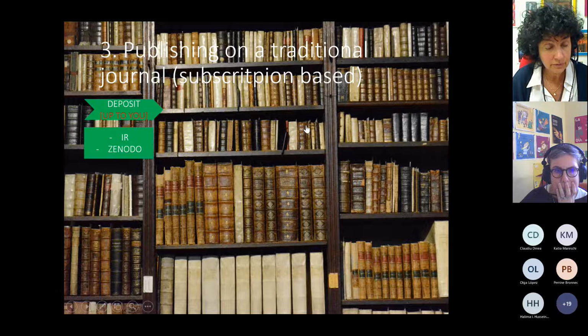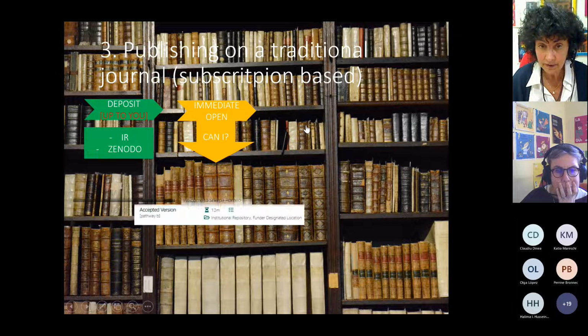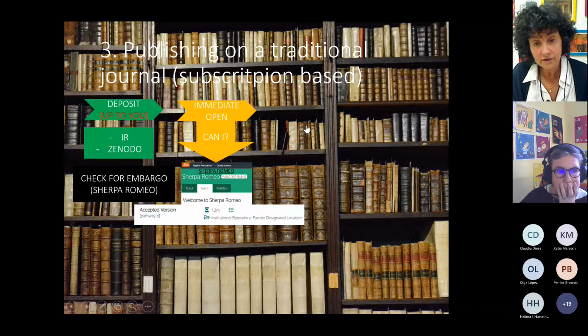Again, the deposit is up to you, either in your institutional repository or in Zenodo. Do you have the right to give immediate open access? So you have to ask yourself, can I give immediate open access? You have to check on Sherpa Romeo. Sherpa Romeo is the database listing the copyright policies of more than 2,000 publishers.